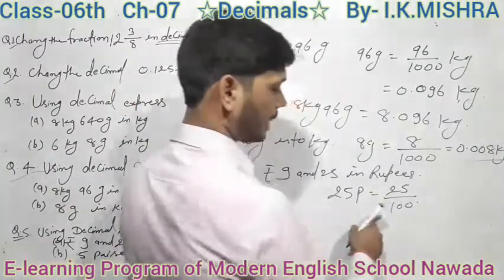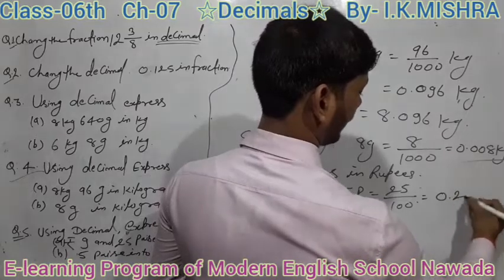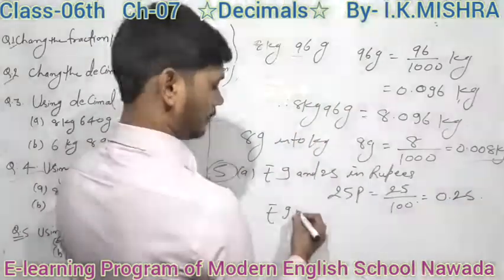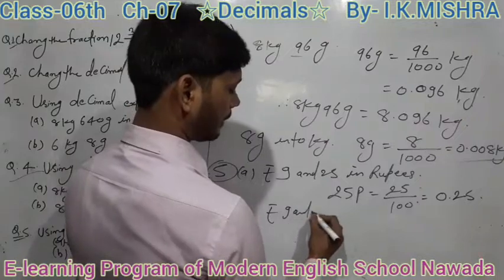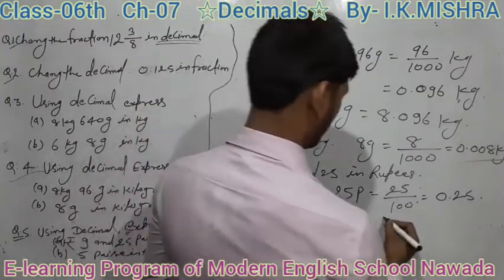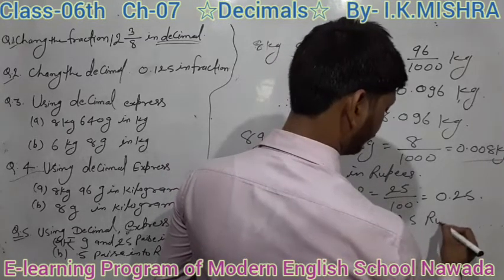So dividing 25 paisa by 100 gives 0.25. And students, so 9 rupees and 25 paisa is equal to 9.25 rupees.